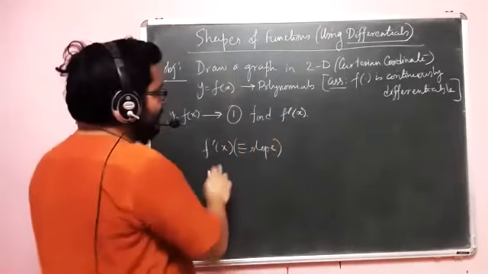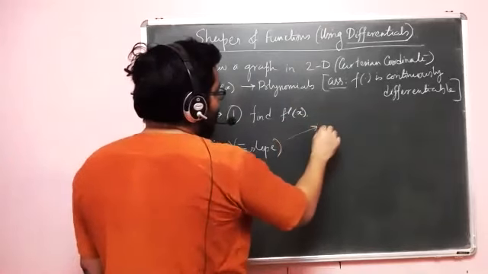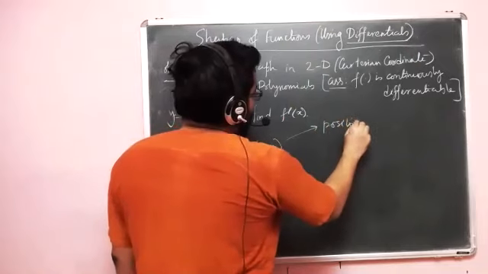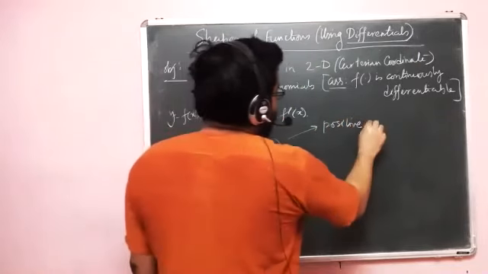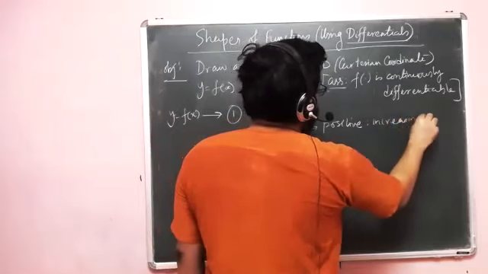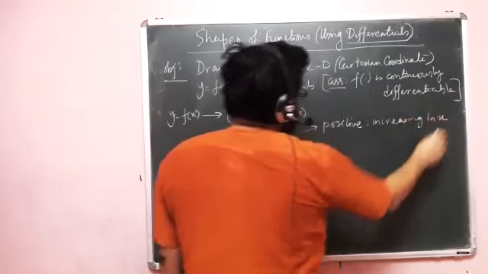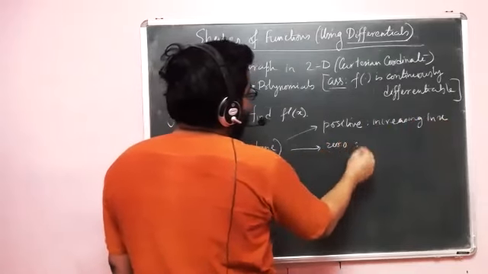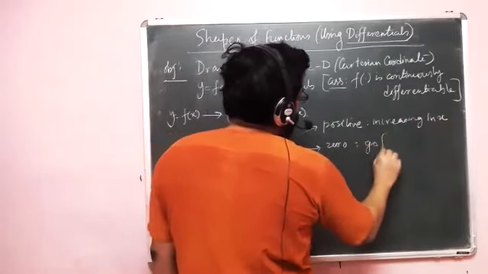Now f dash x can have three values. Number one, it can be positive, in which case we say that the function is increasing in x. Then it can be 0. In that case we have to go further.